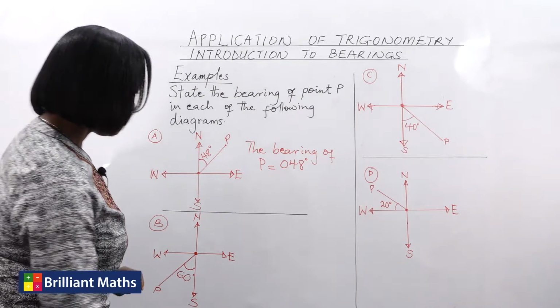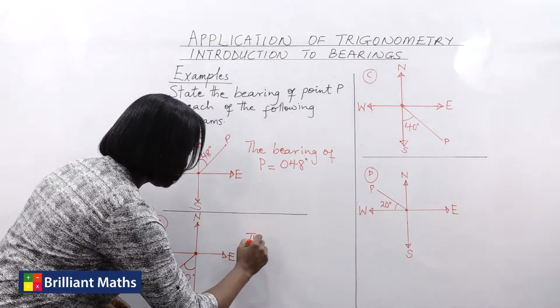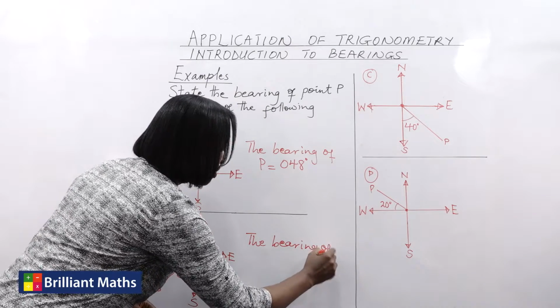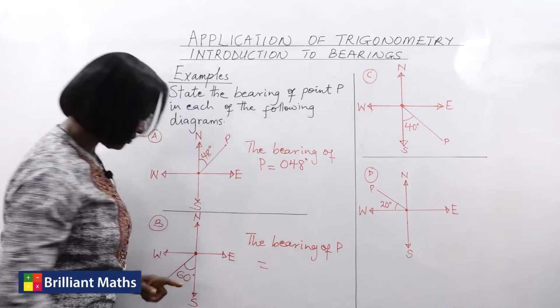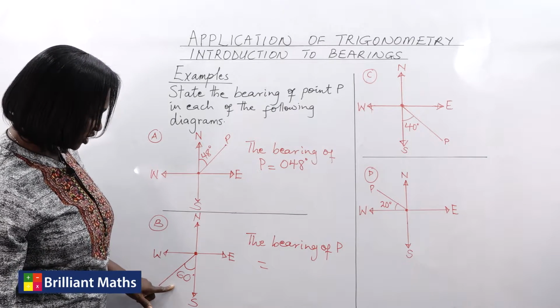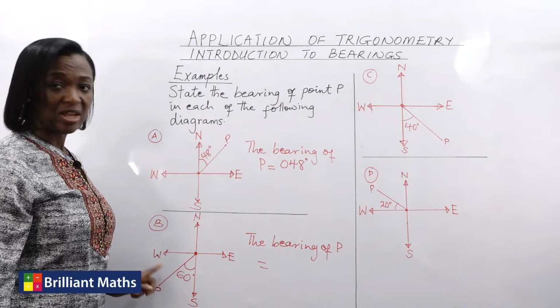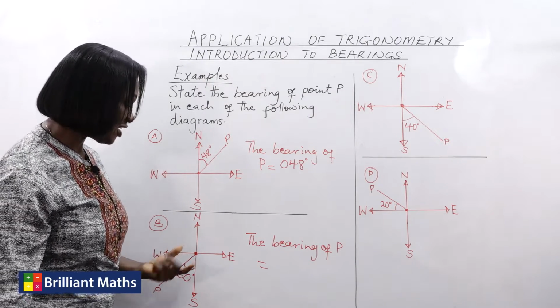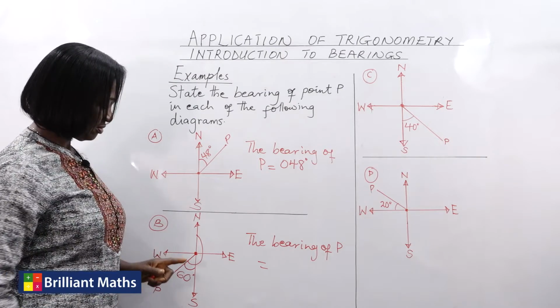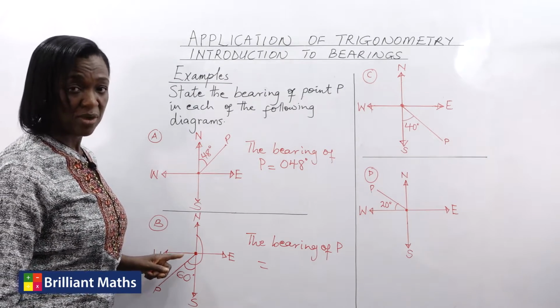So for B, the bearing of P is equal to, here we have 60 degrees between south and west. So you have to find the sum of all the angles to that point. That will be the bearing.